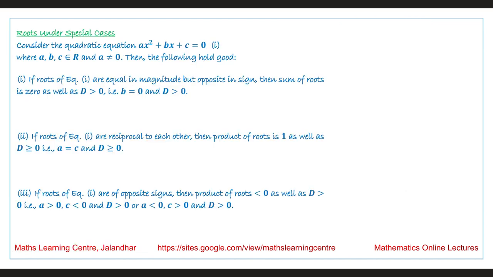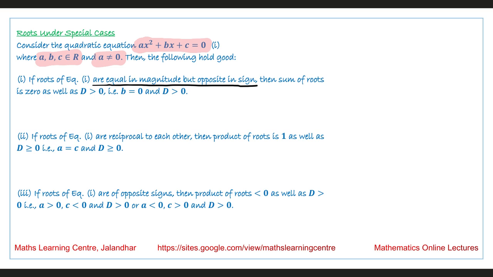Next, we have roots under some special cases. So we are talking about a quadratic equation ax square plus bx plus c is equal to 0, where a, b, c are real numbers and a is not equal to 0 because it is a quadratic equation. Then the first condition: the roots of this equation are equal in magnitude but opposite in sign.